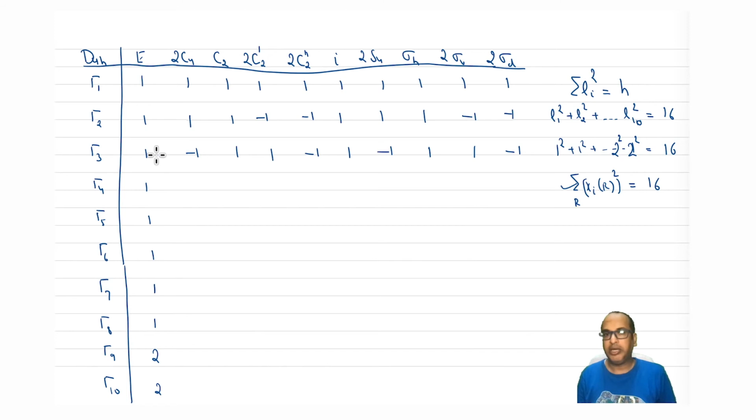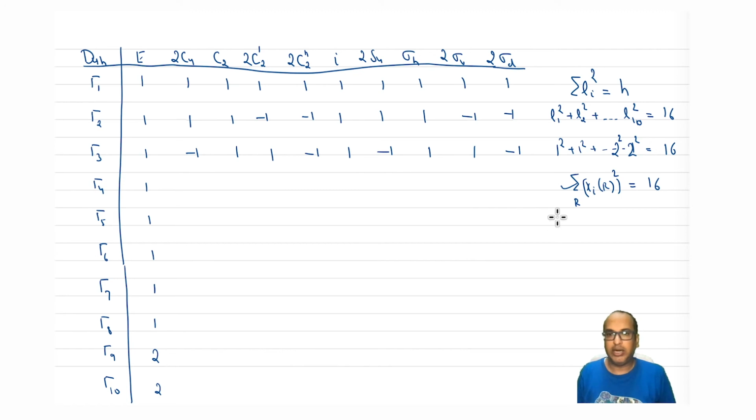Whenever we are writing the next IR representation, we should always be testing whether it satisfies all the conditions or not. So let's see if this satisfies tau2 dot tau3 equal to 0, because I have not used it, right? So 1 minus 2 plus 1.